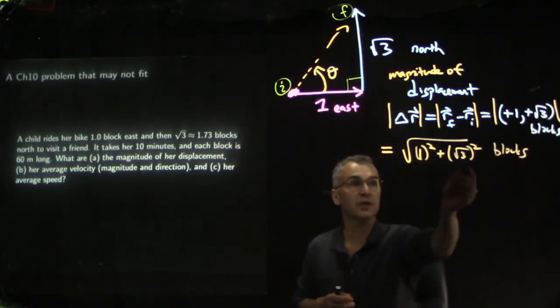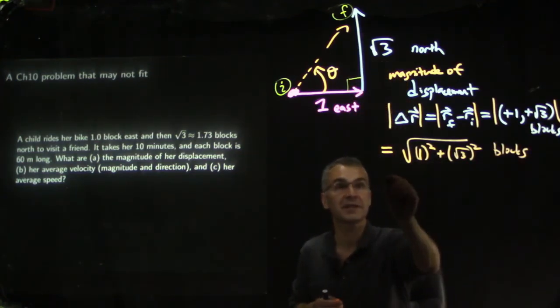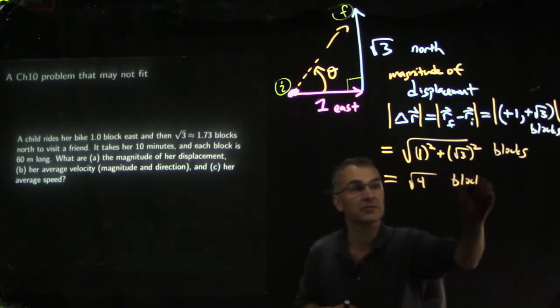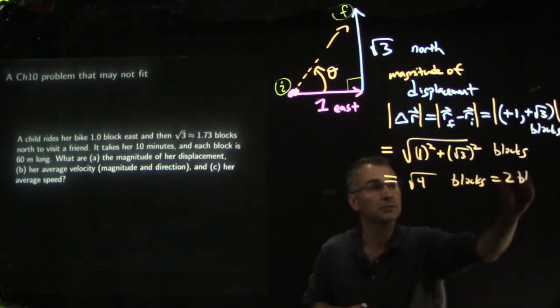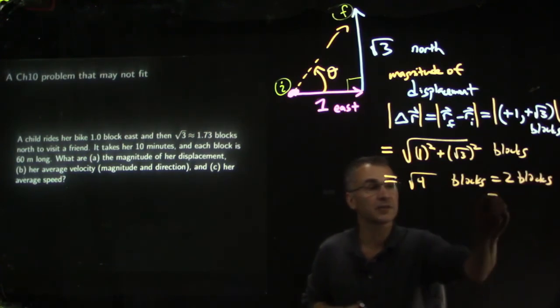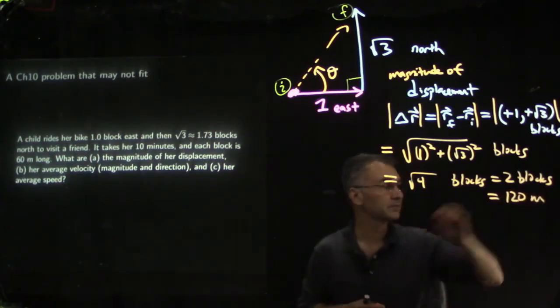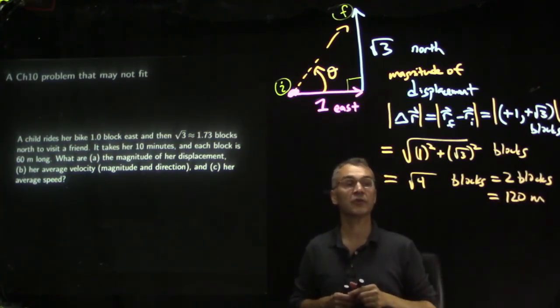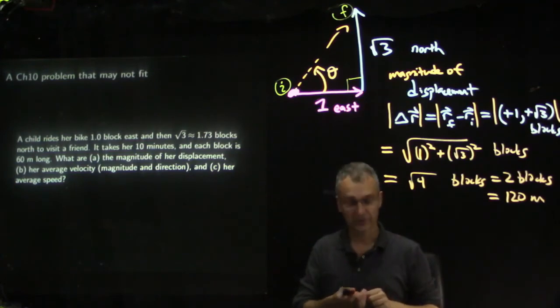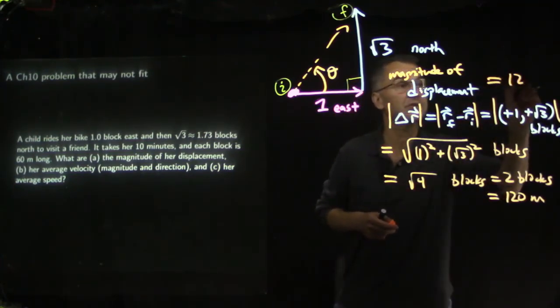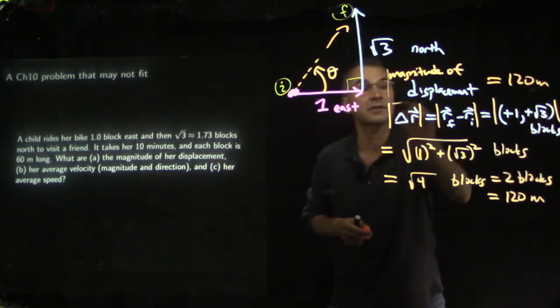So 1 squared is 1, square root of 3 squared is 3, so this is square root of 4 blocks, which is 2 blocks, which is 120 meters. Okay, so the magnitude of her displacement is 120 meters.